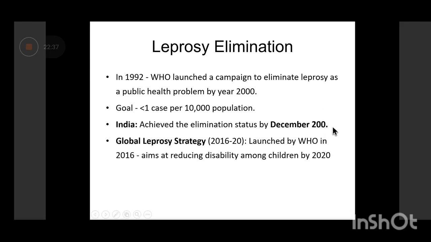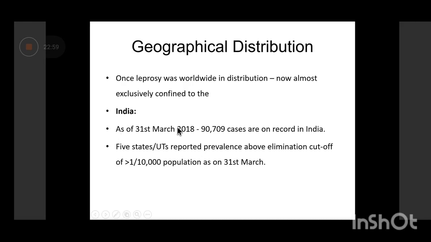Then the global leprosy strategy, launched by WHO in 2006, aimed to reduce disability among children. This disease is worldwide in distribution, and in our country, as of March 2018, more than 90,000 cases were recorded.